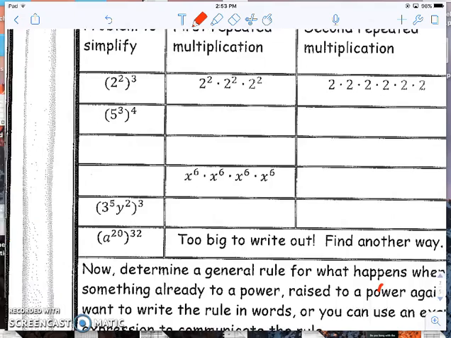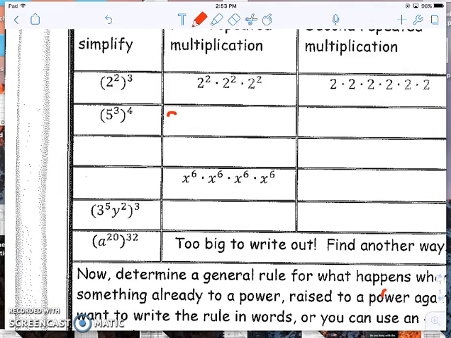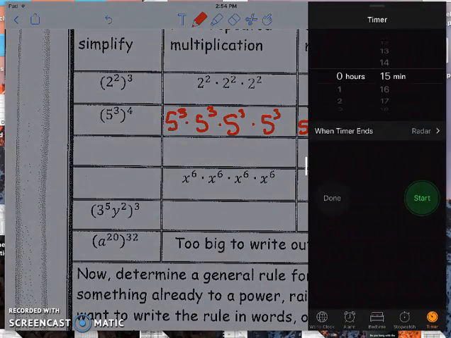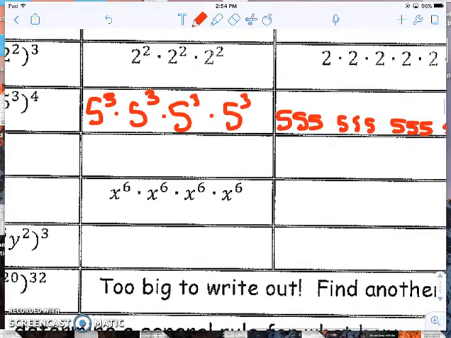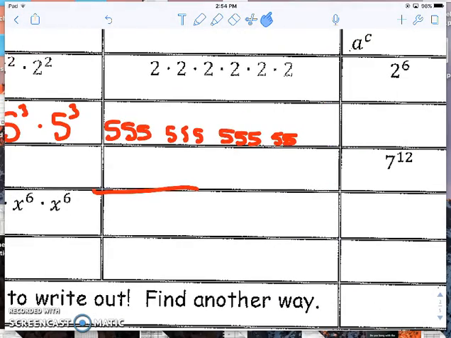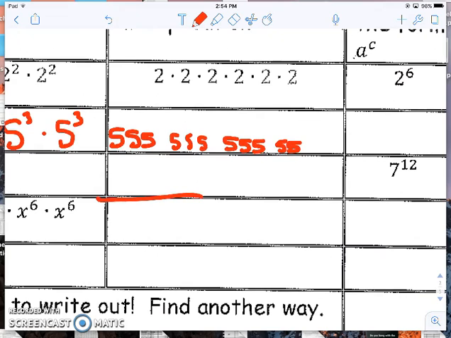So 5 to the third, 5 to the third, 5 to the third, 5 to the third, so that is 5 to the 12th.